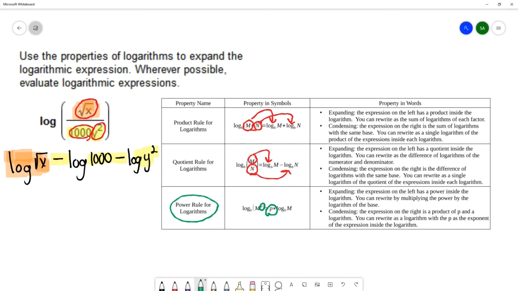In this last term, log of y squared, we have a power and exponent on that logarithm. So we're going to be able to use the power rule on that portion.